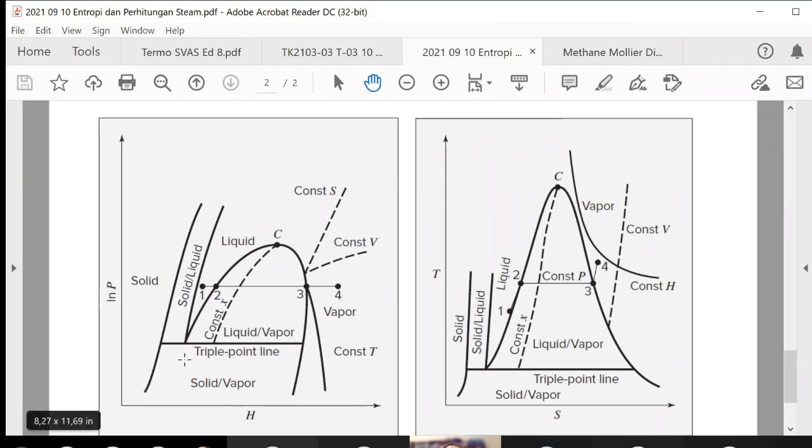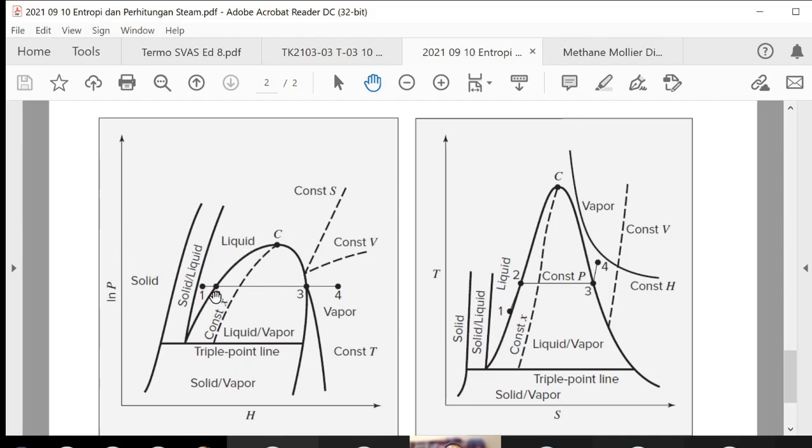Just to refresh your memory, we have this dome. At the top of the dome, there is a critical pressure. We read the critical pressure over here. We put C over here as the critical point.